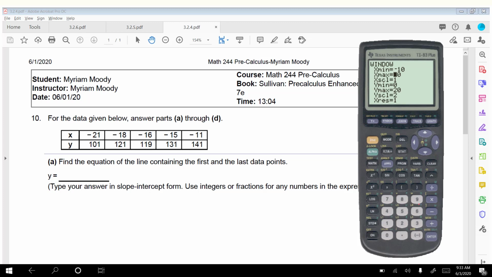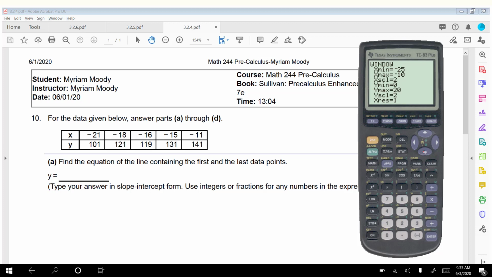Actually, I need to go the other way around. The smallest x I want is like -25, and the largest x could be -10. Increments of 1, I don't think so. Maybe we'll just do increments of 2.